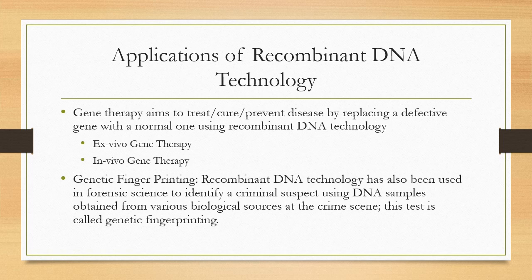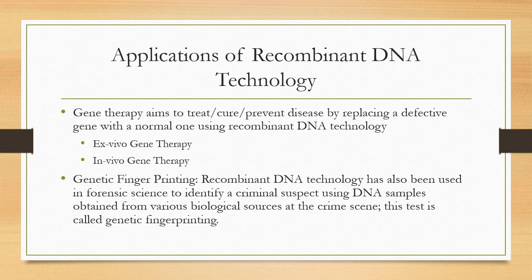So genetic fingerprinting has also been used in forensic science to identify a criminal suspect using DNA samples obtained from various biological sources at the crime scene, and this test is called genetic fingerprinting.